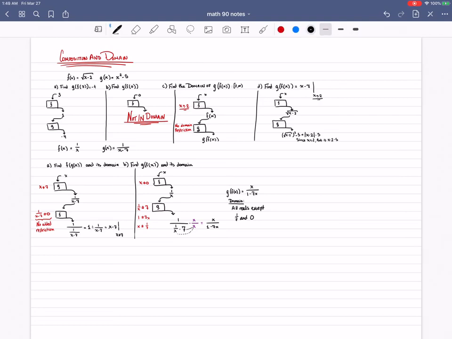And I just want to add like one last summary. So summary, I will put it this way. Never forget the inside function when thinking about domain.